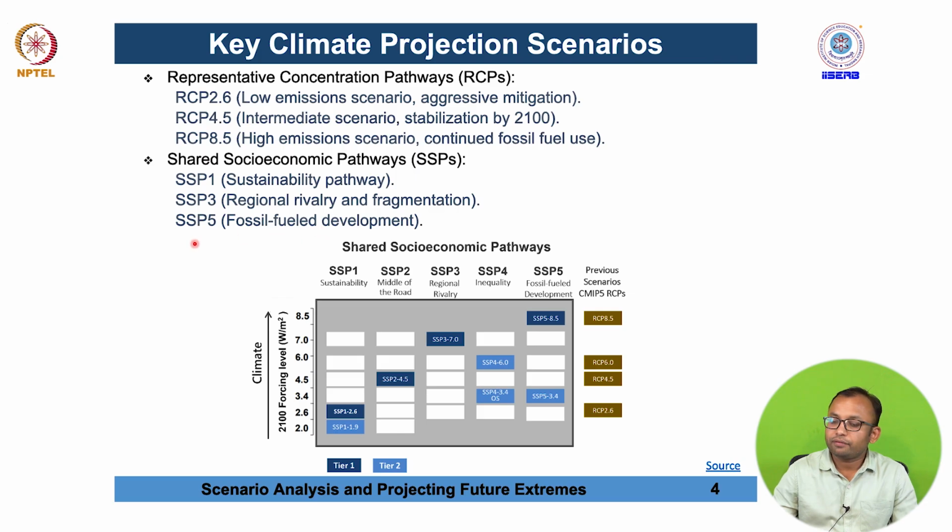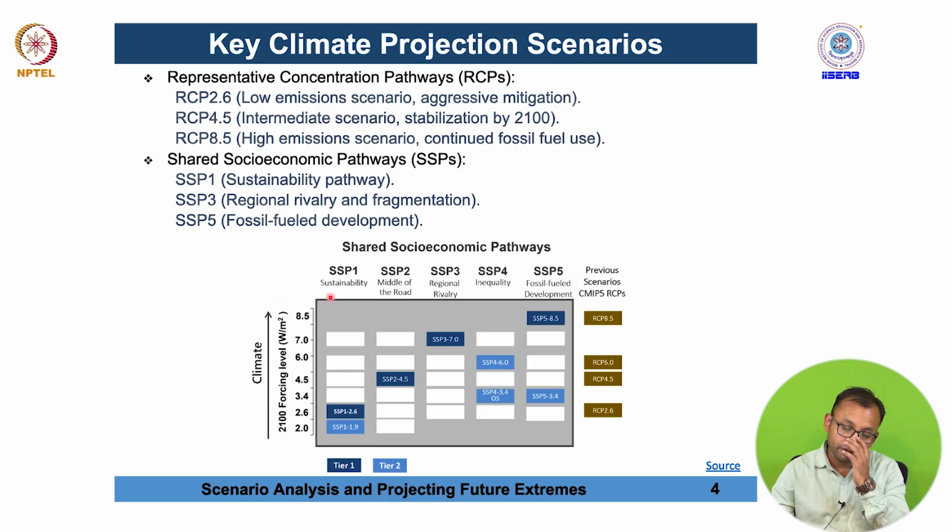When we have this kind of scenario assessment, we have to understand what would be the impact of these different scenarios on climate extremes. In the shared socioeconomic pathways, we have divided into different socioeconomic development phases.